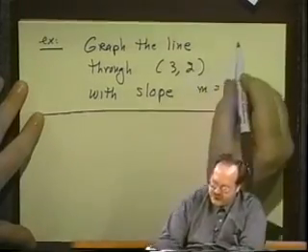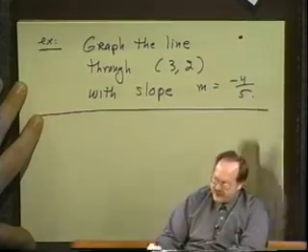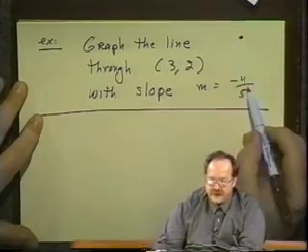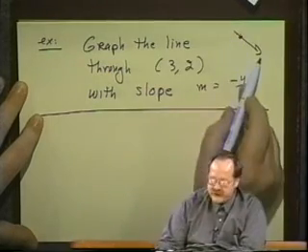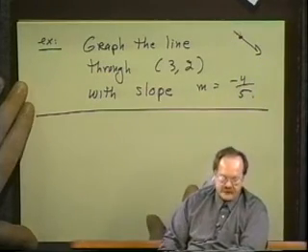So you're given a point on which to anchor your line, and then you're told a given direction. Since it's negative, it's some sort of direction going downward. And with a point and a slope like that, you think you ought to be able to draw the line.